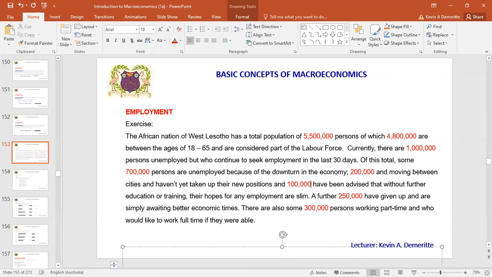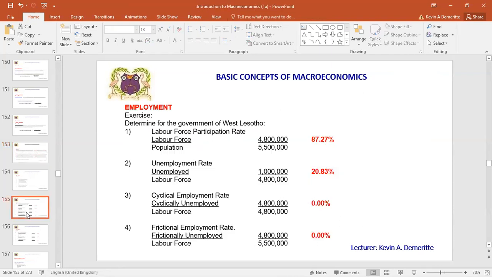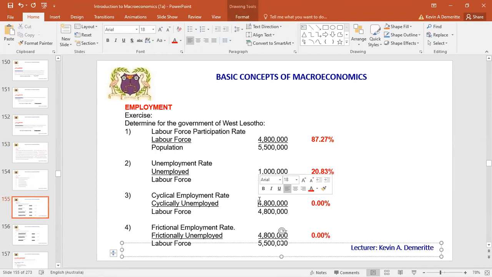But we're looking for people who have lost their job because the economy turned a little sour. That's 700,000 then. Let's see, 700,000 persons are unemployed because of a downturn in the economy. Yes. All right, if that's the case, then we make our cyclically unemployed 700,000.